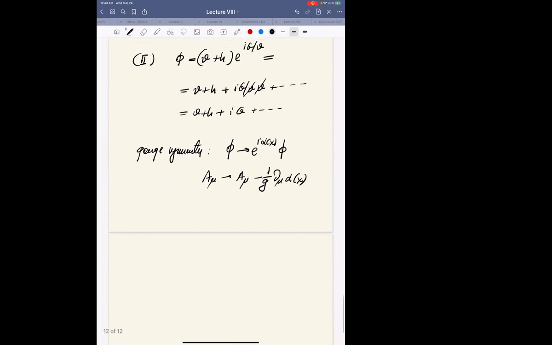If I have that symmetry, why don't I choose alpha is minus G over V? Any alpha works. It's a function of x, as G is. Choose this.